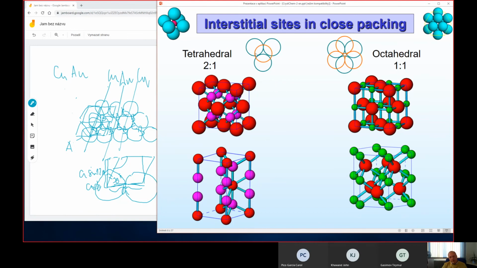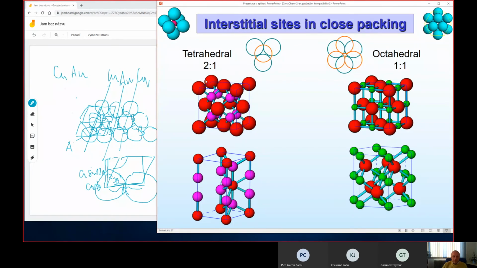In fact, there are more, but the two basic types are the tetrahedral site, which is created if you put 3 atoms in one layer, and the second layer is at this position, the orange color. Then inside there is a tetrahedron. This shape is a tetrahedron, and inside there is a space for a smaller atom, which might be, for instance, a cation, and the close packing can be based on the arrangement of anions.